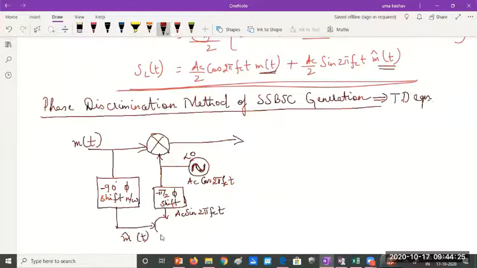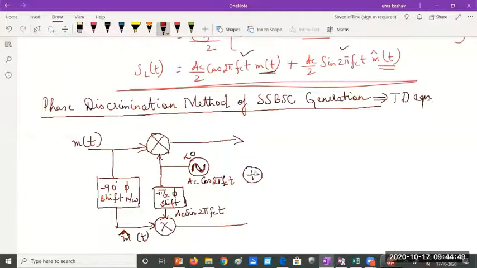And what should I do now? I should multiply this AC sin 2 pi fct with m cap of t. M cap of t is here. So did I get both the terms of the equation? First term I'm getting from the upper path, second term from the lower path. Now what should I do?